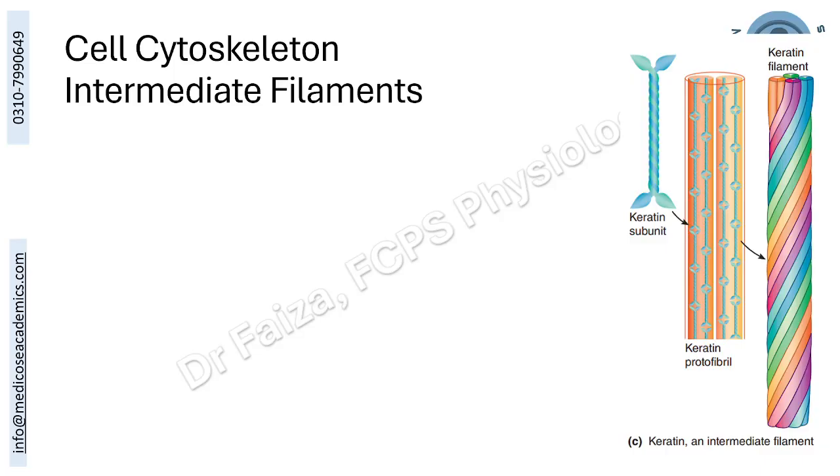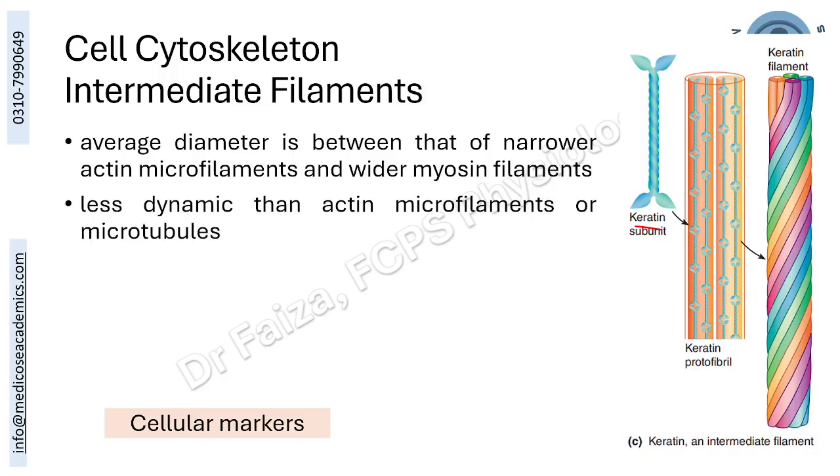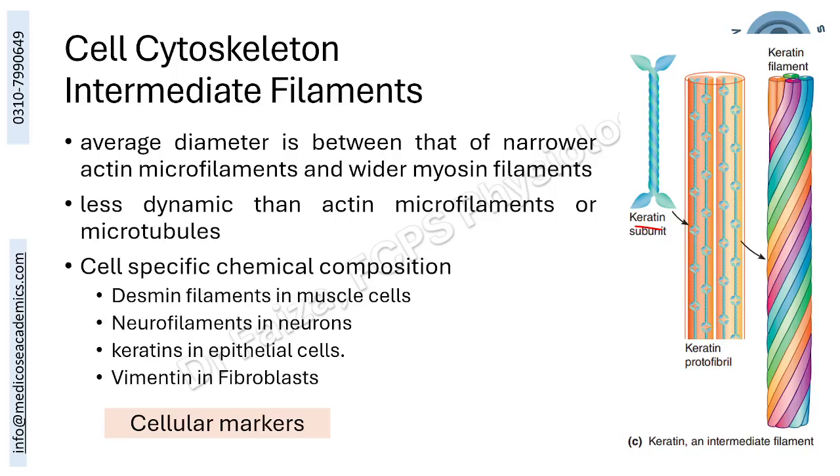Now, the intermediate filaments, which are cell specific, for example, keratin in case of hair and skin, and you can also appreciate the structure. The average diameter is between the microtubules and microfilaments. These are less dynamic than the actin and microtubules.